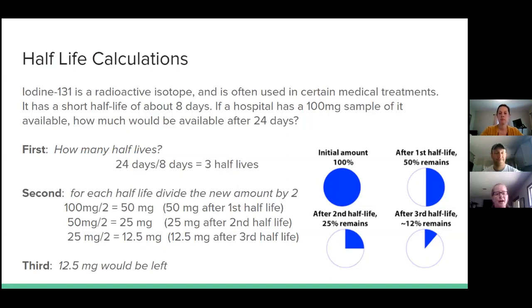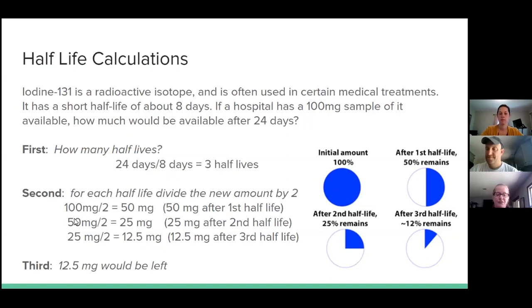Your first step is to figure out how many half-lives it is. You take your total time, which is 24 days, and divide it by the 8 days, and it gives you 3 half-lives. That's the total number of half-lives. Then in step 2, you start with your initial sample and divide it by 2. That gives you 50 milligrams left after the first half-life.